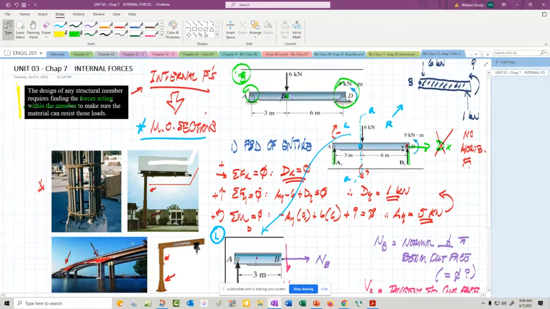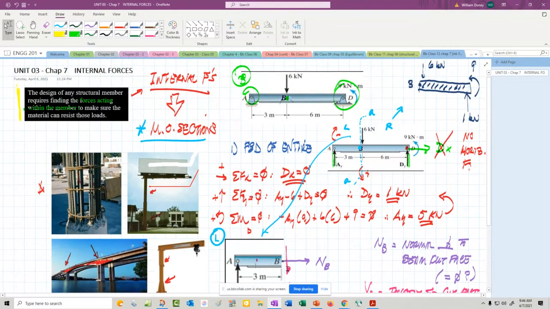Now going back up here, since this force is down here, these internal forces on these two faces, right here and down here, have to be equal and opposite. So in this one, we're going to have the shear up, because it has to be equal and opposite of the one I drew down here on the left face.